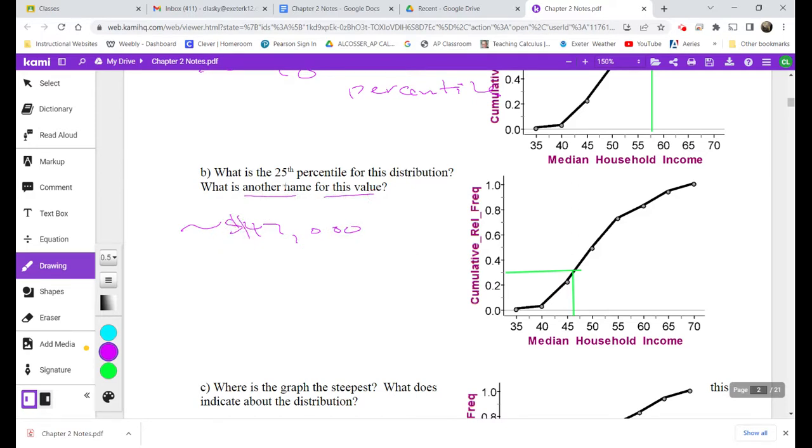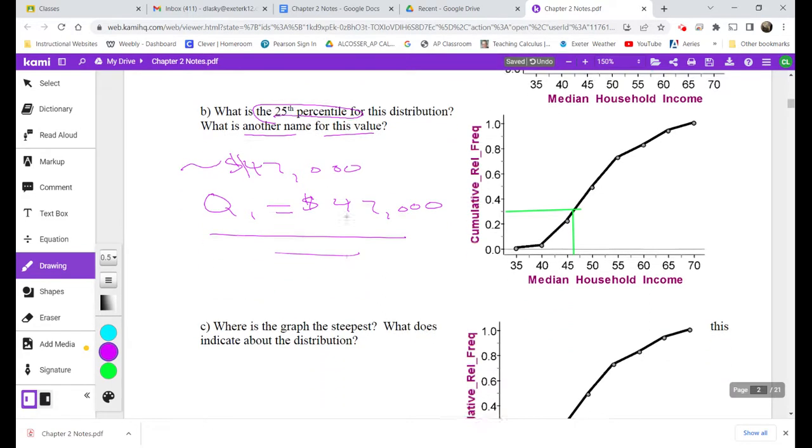So what's another name for 25%? So we would say that Q1 is equal to $47,000. Okay, so when we're dealing with percentiles, we can find our Q1, our Q3, all those different types of things. All right.